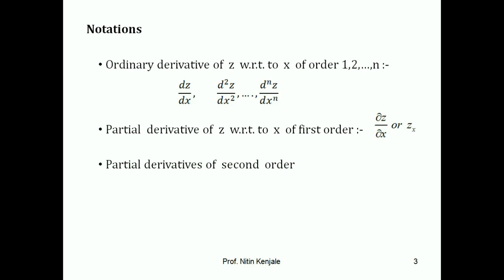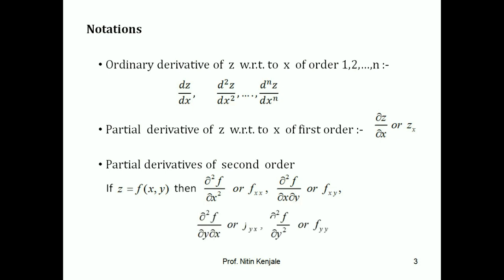In case of partial derivative of z of second order, if we denote z by f of x comma y, then partial derivative of del f by del x with respect to x is denoted by del 2f by del x square or simply fxx. Or if del f by del x is differentiated partially with respect to y, then it is denoted by del 2f by del x del y or simply fxy.